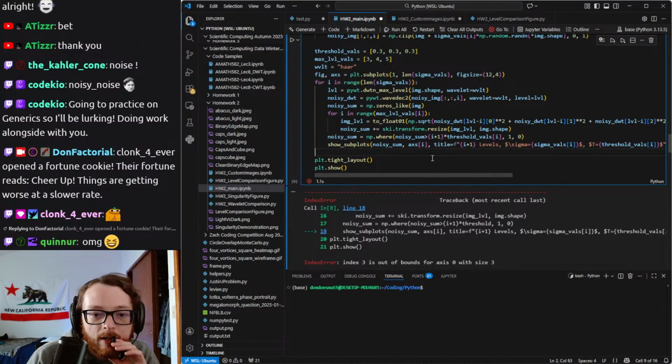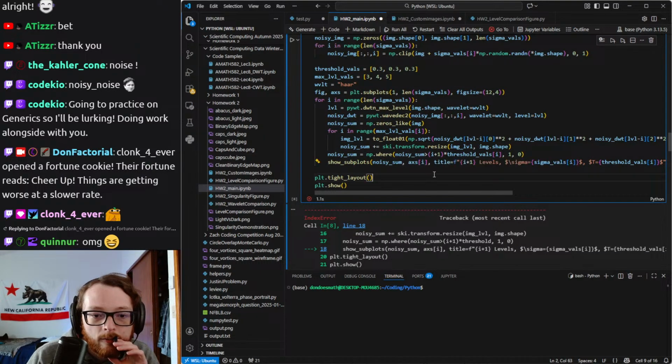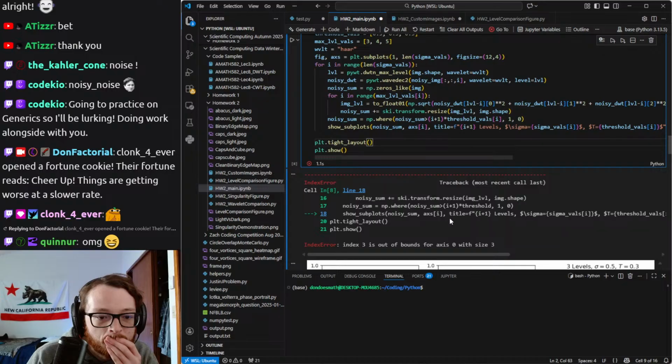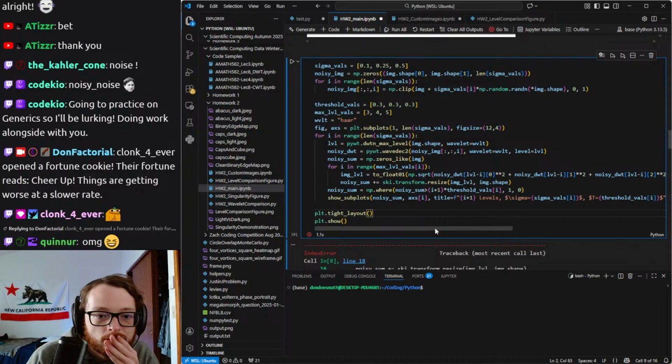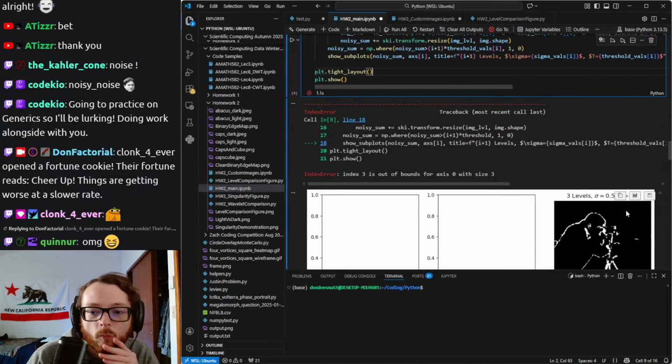I don't understand how any of these are out of bounds. And why did the first one go in the third spot?